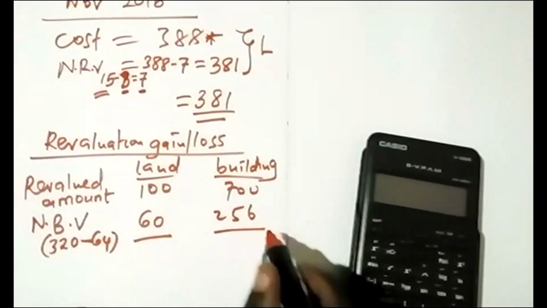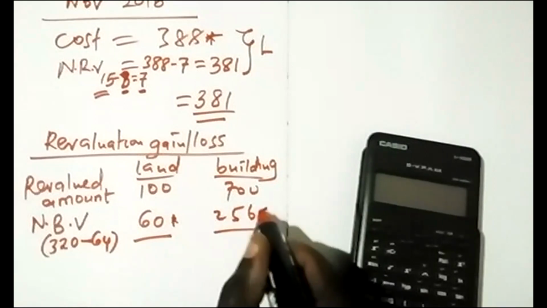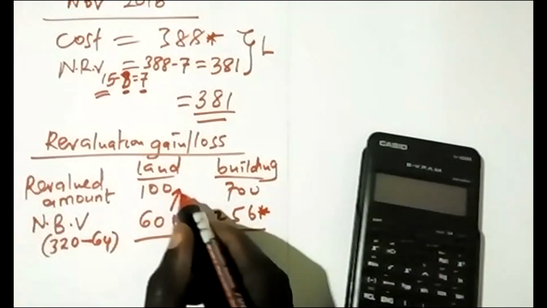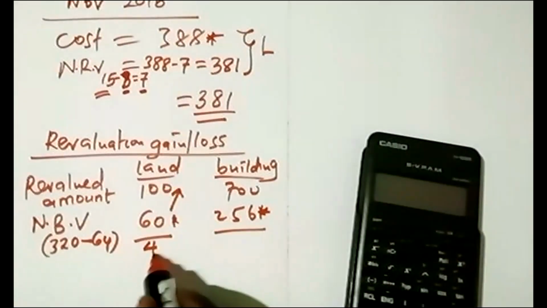So you can see these were the initial figures of these assets. After evaluation, the land was revalued upwards by 40.